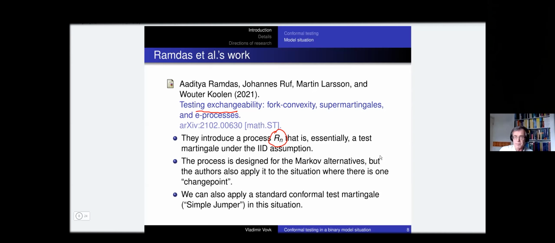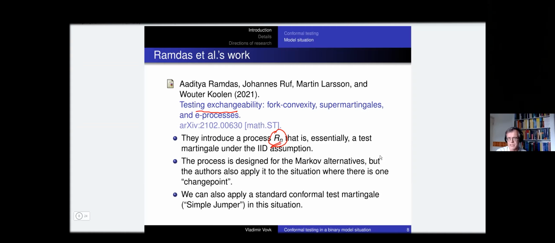But their method works only in the case when we have finitely many possible observations. Best of all, our observation space should be binary. So for binary observations, they can introduce this process Rn, but it doesn't generalize.